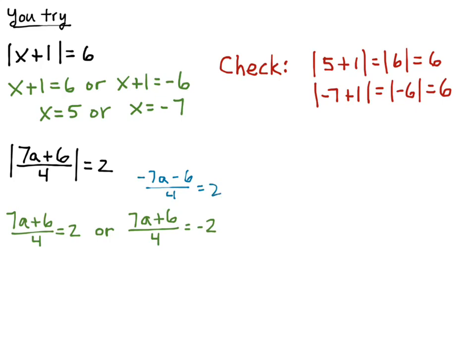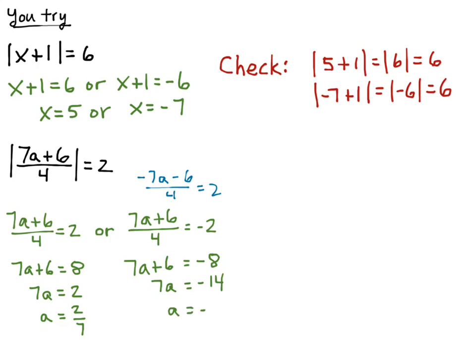Okay, so those are equivalent equations. And then you multiplied by 4 both sides? Yes. Okay. So get rid of the 4 and then just subtracted 6 or added 6. And then divide, and then A equals 2/7 and A equals -2. Like that. Good.